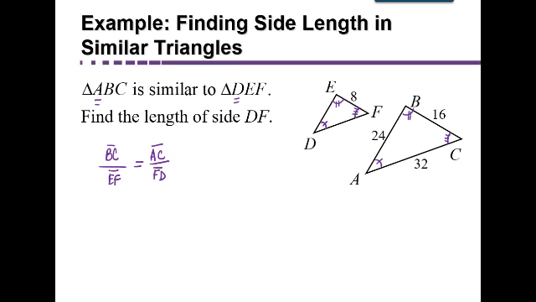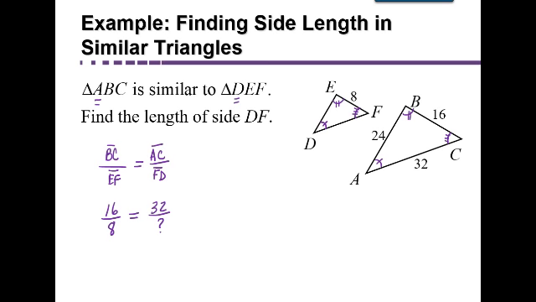All right, which out of these lengths do we know? We know several. BC is 16 and EF is 8 and AC is 32 and FD we don't know.